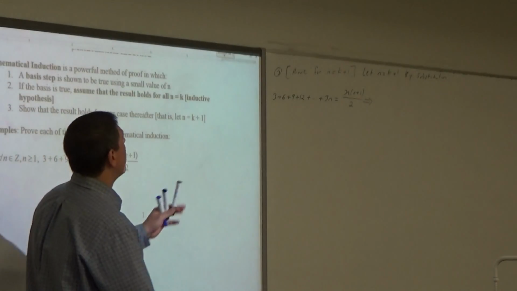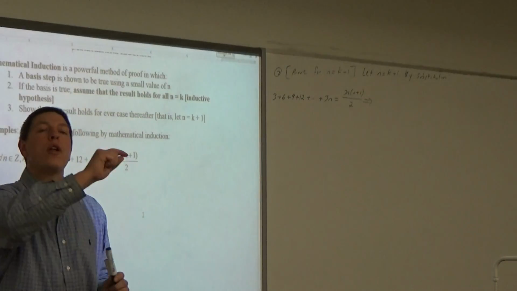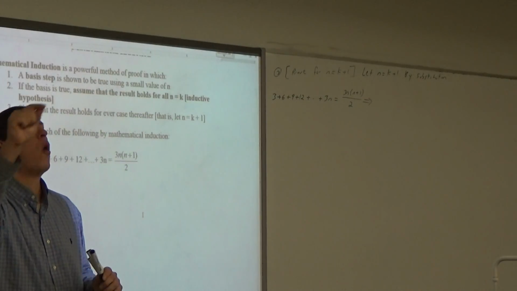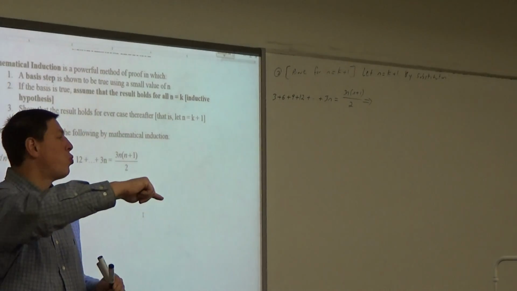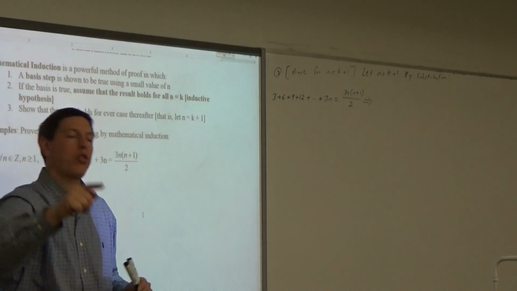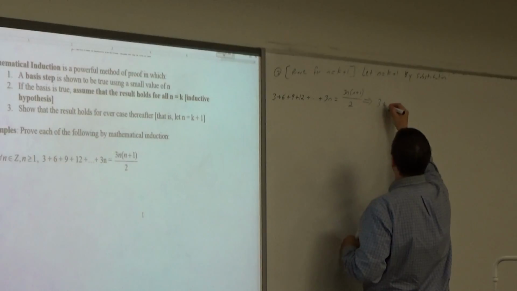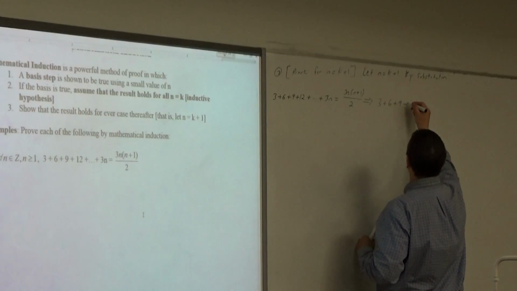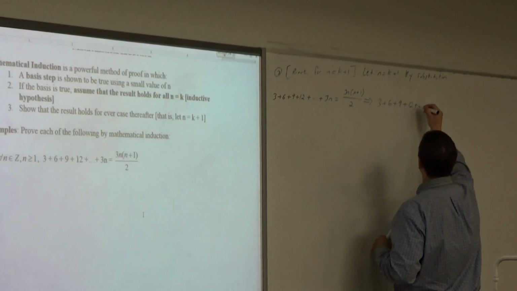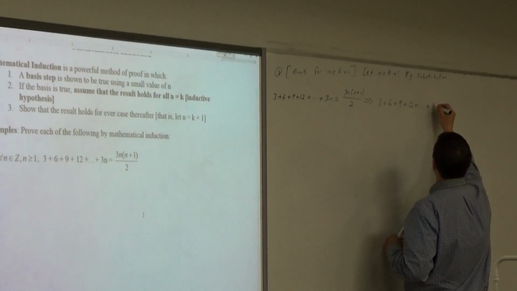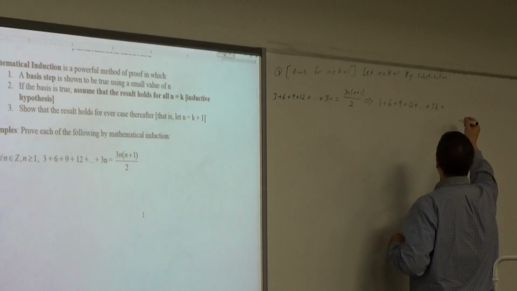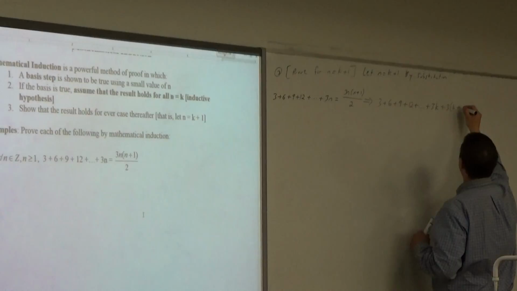On the left-hand side, we're going to go up to the k plus 1th term. So the k plus 1 term is the term after 3n in this case. So this is going to become 3 plus 6 plus 9 plus 12 plus da-da-da-da-da plus 3k plus 3 quantity k plus 1.